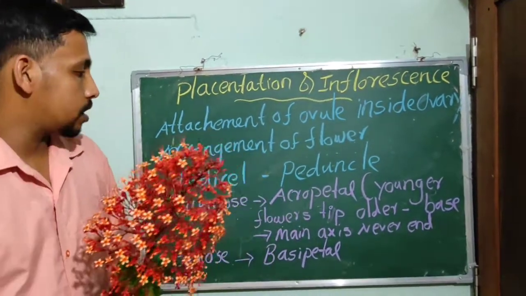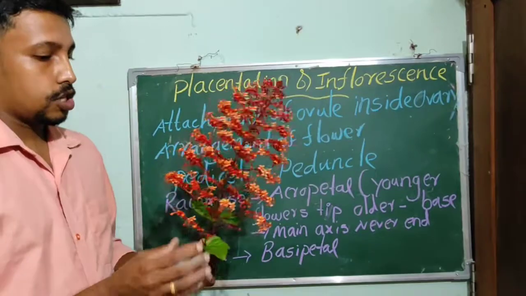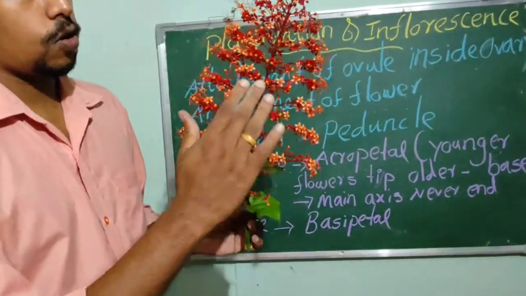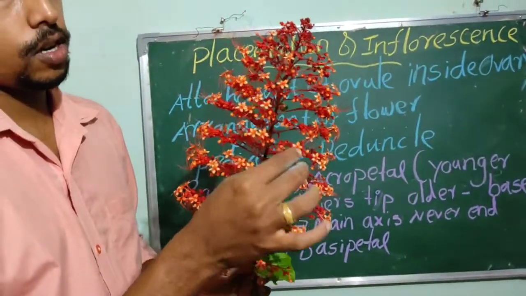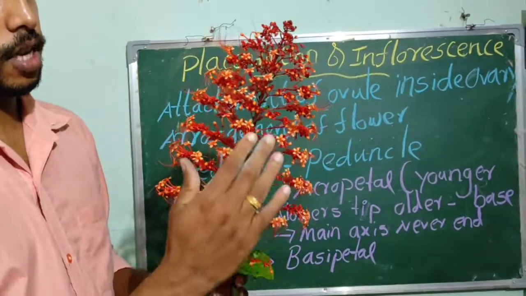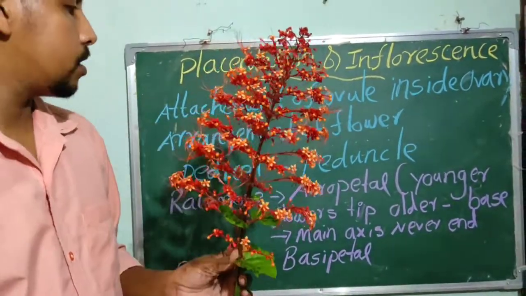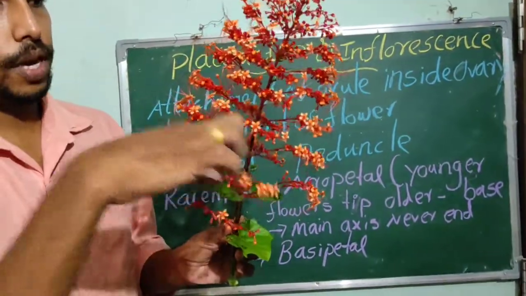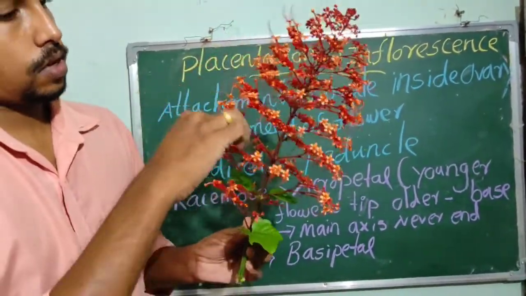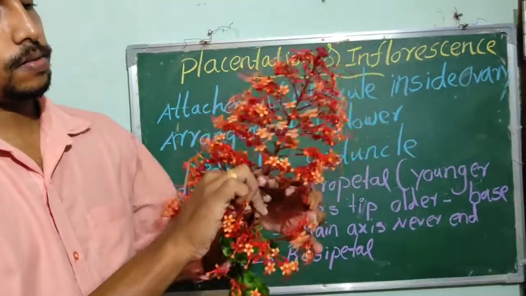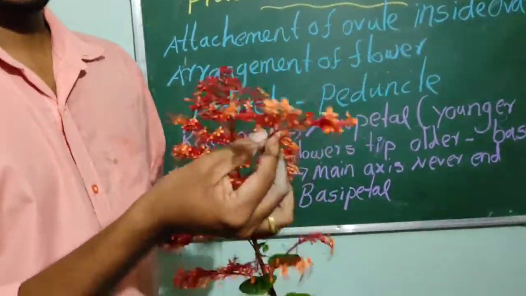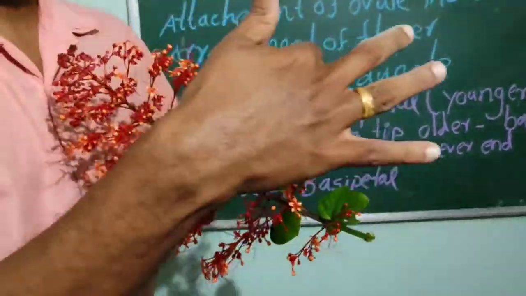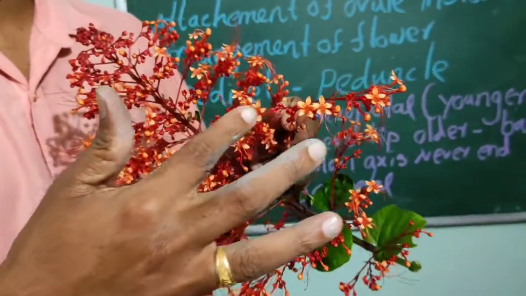So we can see the older flowers at the tip. Here we can see the older flowers. Older flowers can be seen at the tip, and the younger flowers can be seen at the base. So this is the base, and this is the tip.